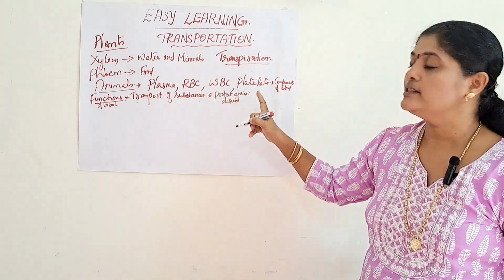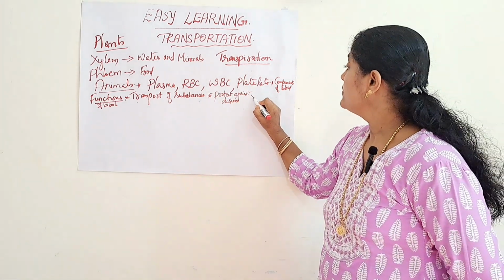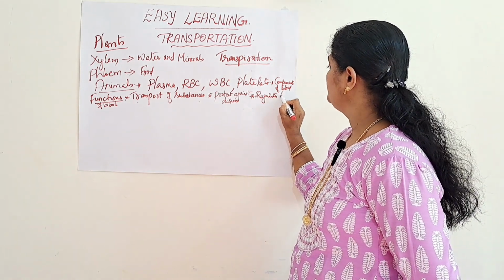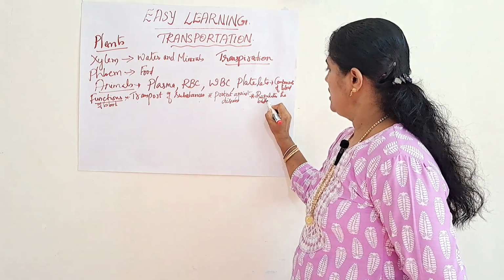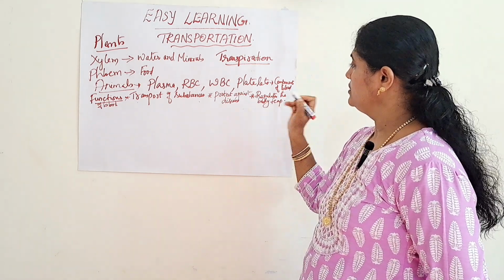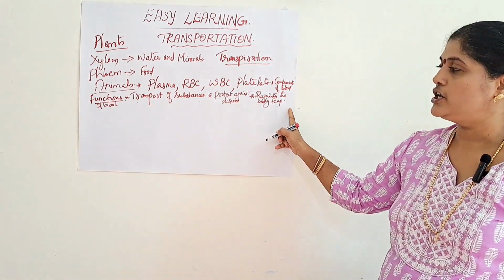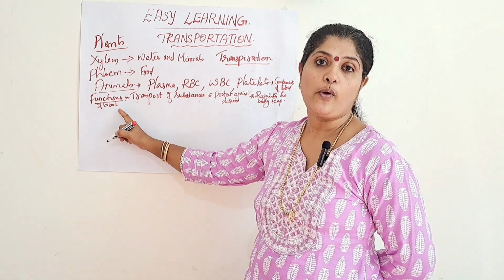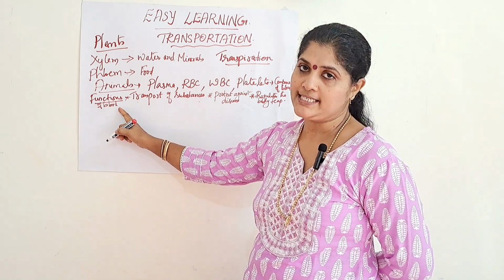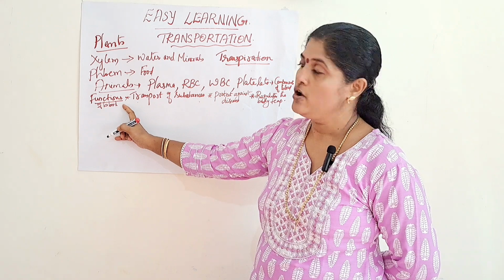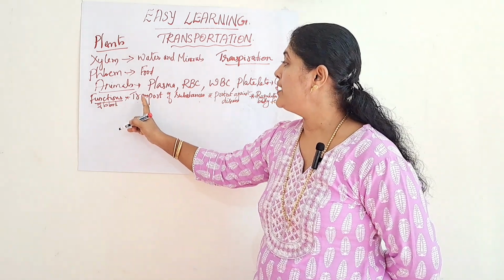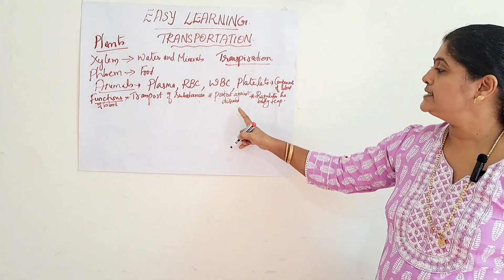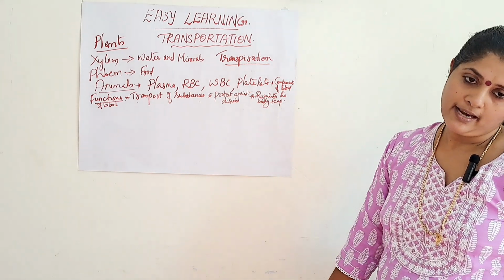And the third function is that it regulates the body temperature. So, these are the 3 main functions of blood. The function of the blood is also very, very important. It is a 3-mark question which is always repeated in the board exam, so you have to concentrate. The functions of the blood are transport of substances, protection against diseases and regulation of the body temperature.